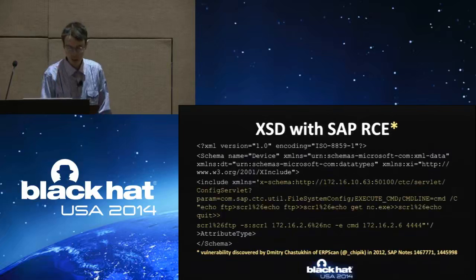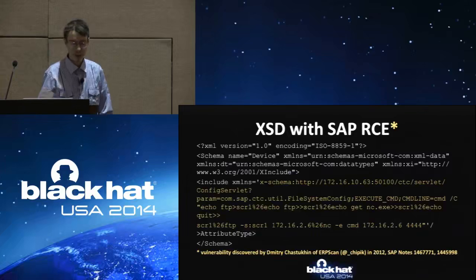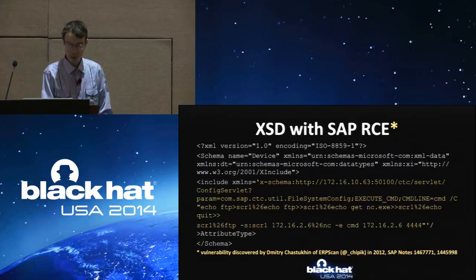But first, I should show you the external XML schema code that is downloaded by PAS from the remote server. It uses an old and good, classic technique. We're using an FTP command script to get netcat from a remote server, establish a reverse shell connection, and do remote command execution through an HTTP GET query, which was discovered by Dmitry Chastukhin of ERPScan less than 2 years ago.